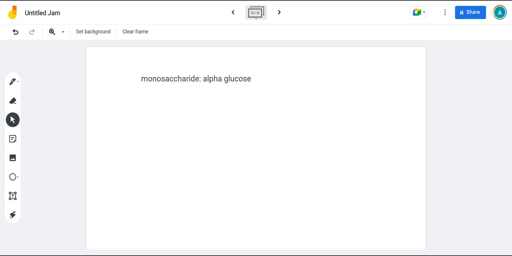Glucose has 6 carbons, so it's a 6-carbon sugar. It's got 6 carbons, and that's really important. So we can sometimes call it a hexose sugar because it's made of 6 carbons.